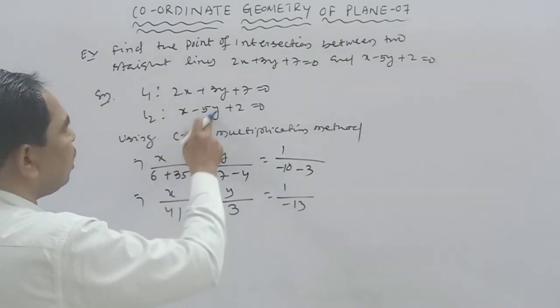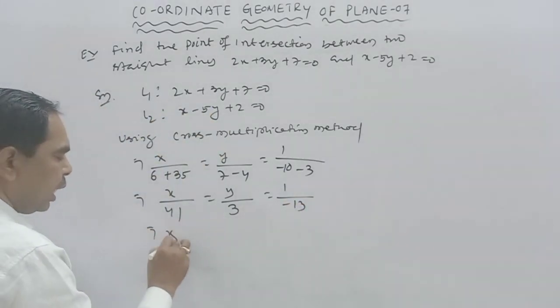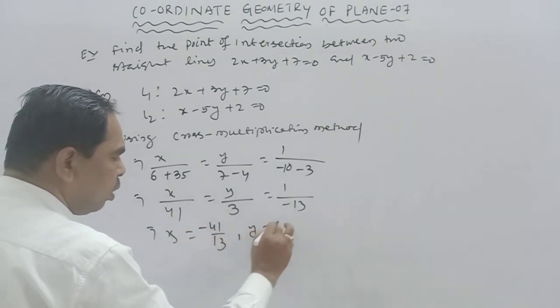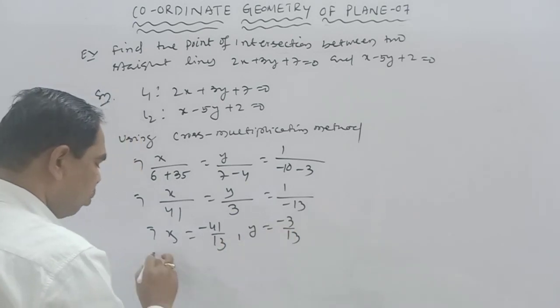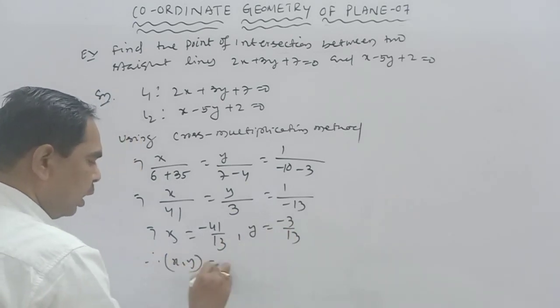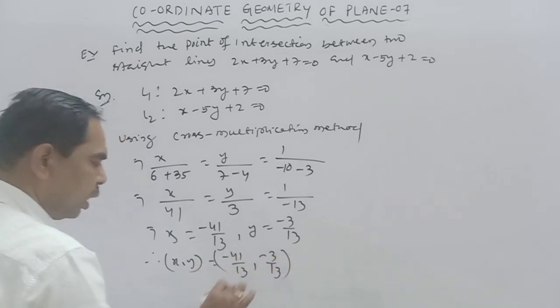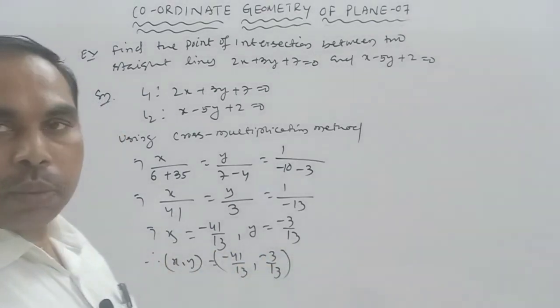So x is equal to minus 41 by 13, y is equal to minus 3 by 13. Therefore (x, y) is (minus 41 by 13, minus 3 by 13). This is the point of intersection between the two given lines.